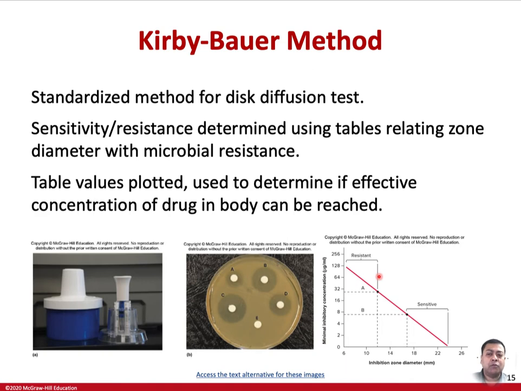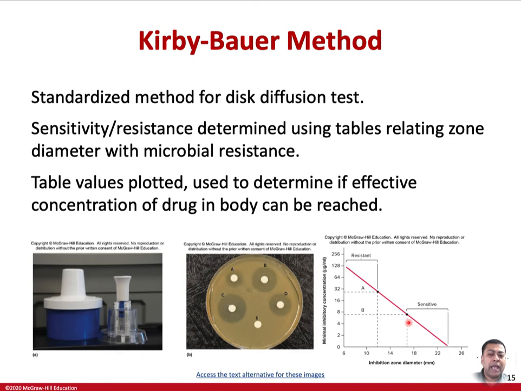A pathogen with a zone diameter greater than, for example, 17 millimeter will have an MIC less than 7 microgram per ml, and will be sensitive to the drug.